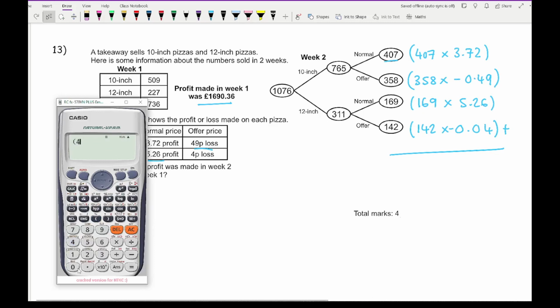So here I've got 407 multiplied by 3.72 close bracket plus, and then 358 times minus 0.49 close bracket plus 169 times 5.26 and so on. Now you don't have to use a bracket, you could just simply work the brackets out and then add the numbers up. You can do it all in one go.